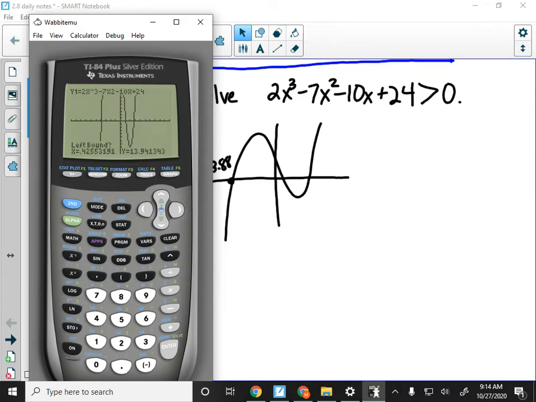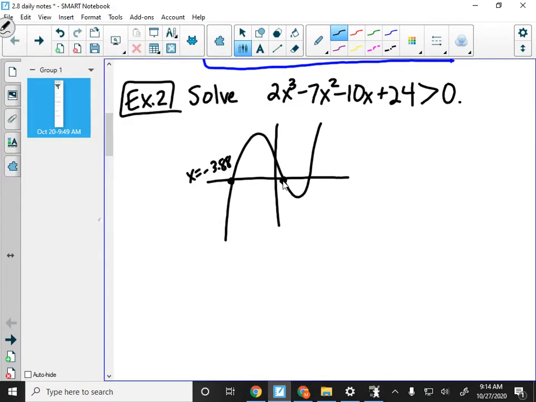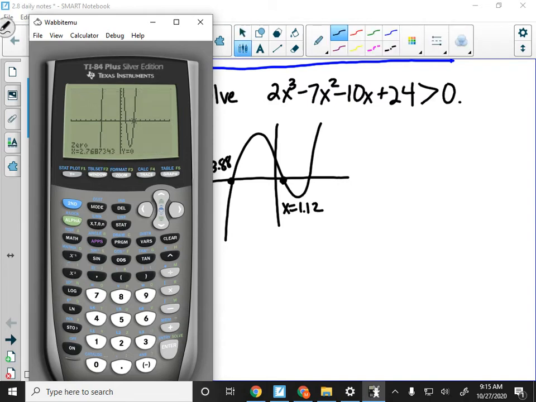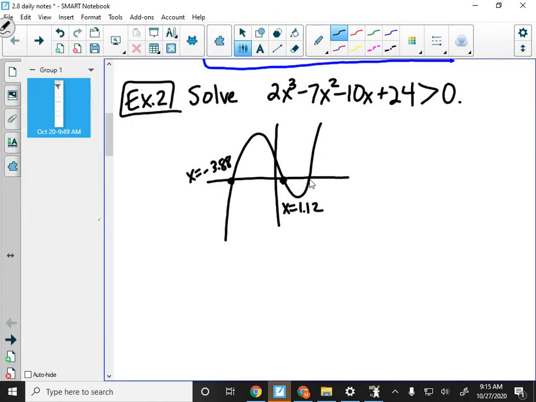As I'm doing this, I'm watching my y values to see if I'm getting closer. There's a positive y value, there's a negative y value, which tells me there must be a 0 in between. That's about 1.12, I'm going to say. And then finally, I'm going to find my last 0. And that's about 2.77.